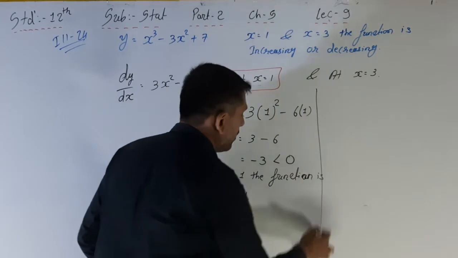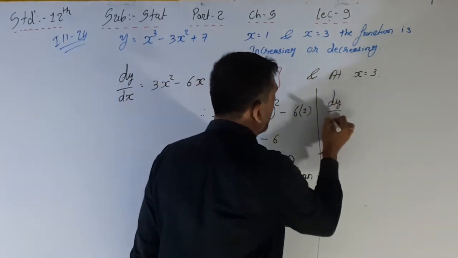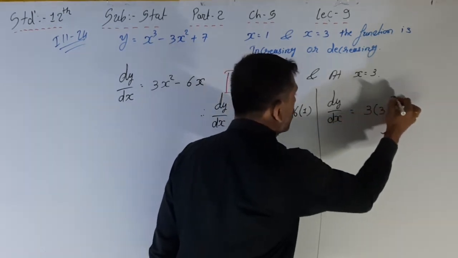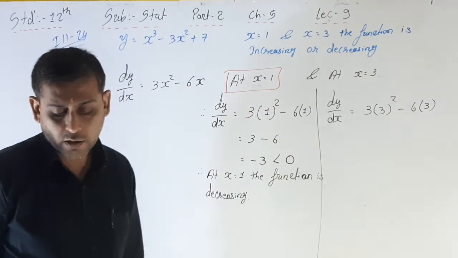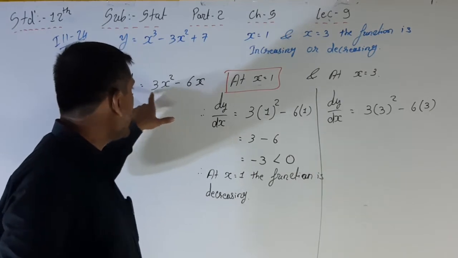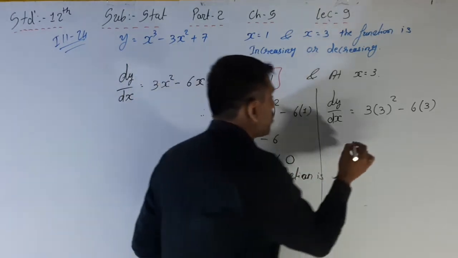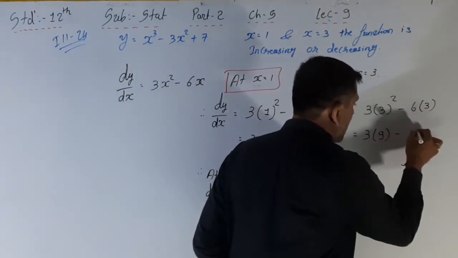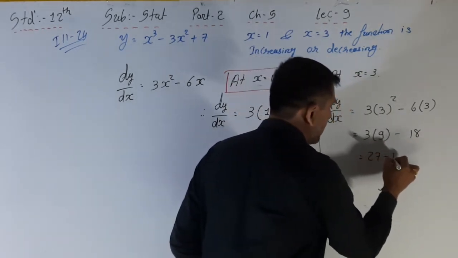And now see here, at x is equal to 3, what is dy by dx? That is 3 into 3 square minus 6 into 3, right? So here I am putting the value of x is equal to 3 into dy by dx, the first derivative. So here what is the value? 3 3s are 9, minus 6 3s are 18. 3 9s are 27 minus 18.